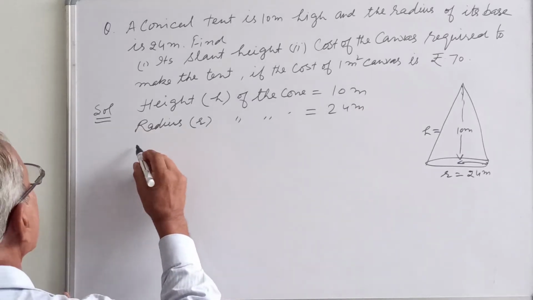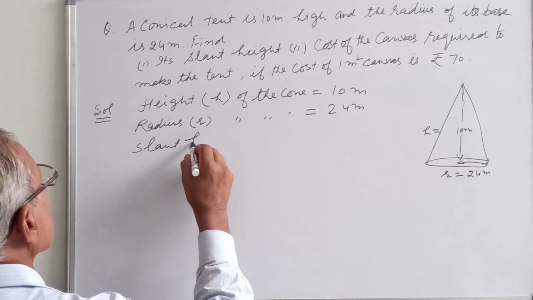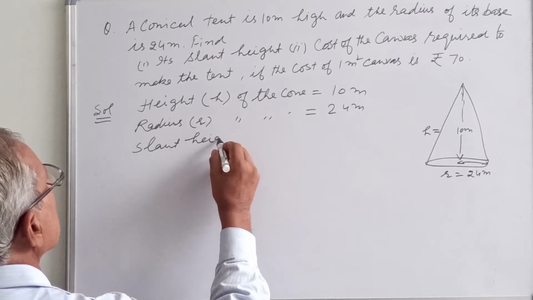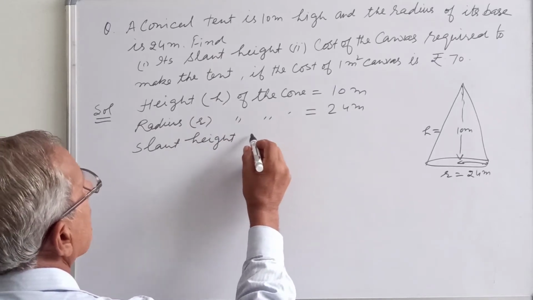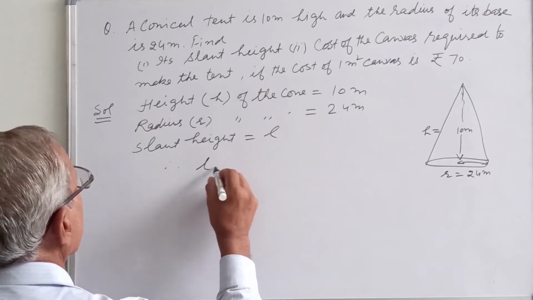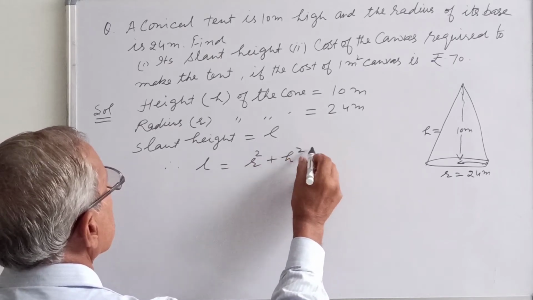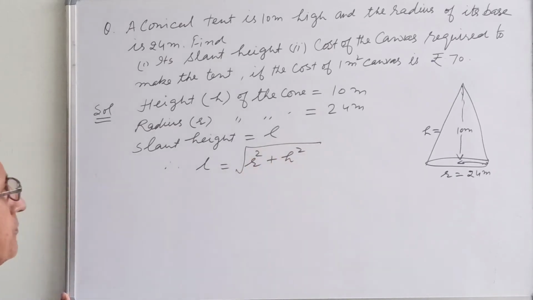So you have to find first the slant height L. So formula: L is equal to r square plus h square under root.